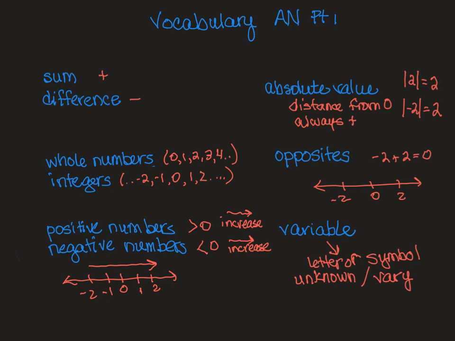That n means it can vary. I might have 10 tickets. I might have 20 tickets. I may sell 150 tickets. I don't know. That's going to vary. So it's not only unknown, but it also enables me to find a process to find an answer for a variety of different situations.